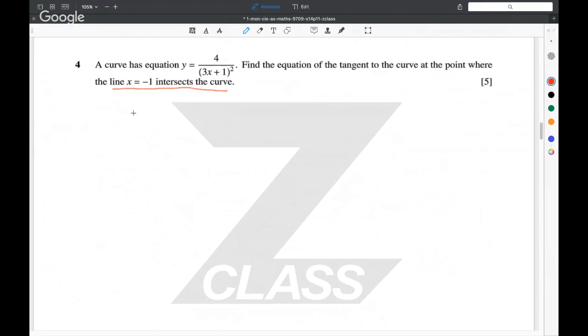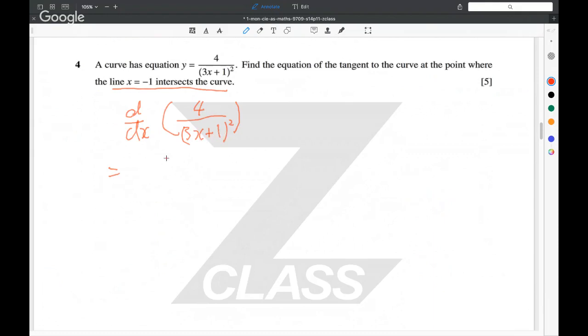And we'll start by differentiating the original function. So we do d by dx of 4 over 3x plus 1 all squared. We can do it by the product rule. So we first differentiate with respect to 3x plus 1.